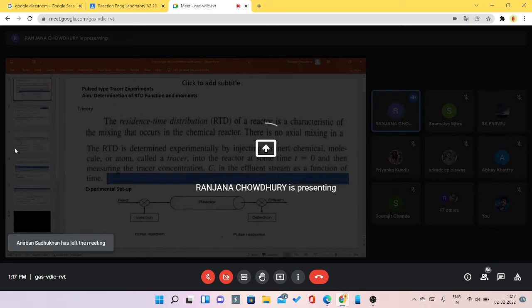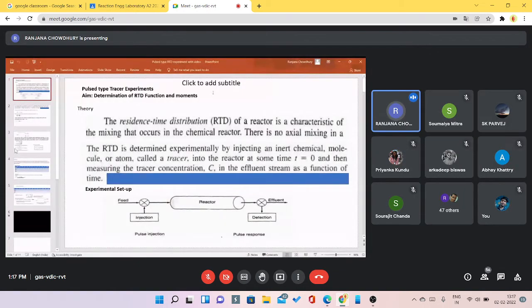So here, this is the residence time distribution which characterizes the mixing pattern of the chemical reactants within the reactor, because as we know, in case of an ideal PFR there is no dispersion ideally present, and that's why all the reactant molecules have the same residence time.